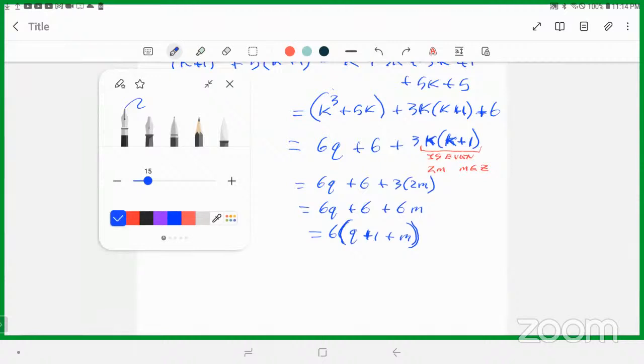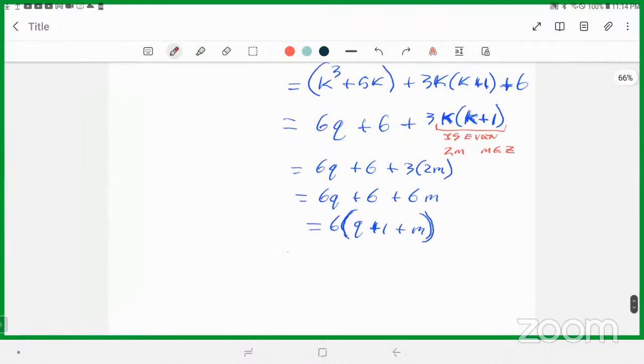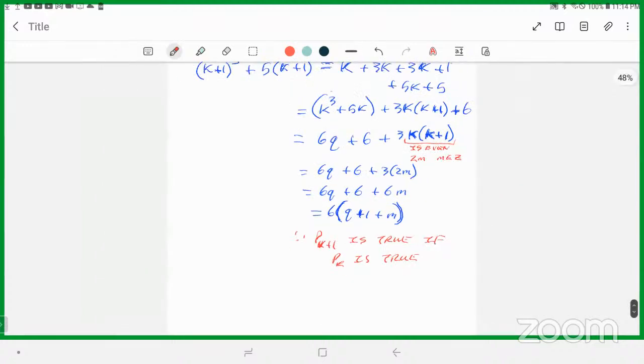So we can draw the conclusion and say, therefore, P(k plus 1) is true if P(k) is true. You're done. You just draw a conclusion line now, line 4.